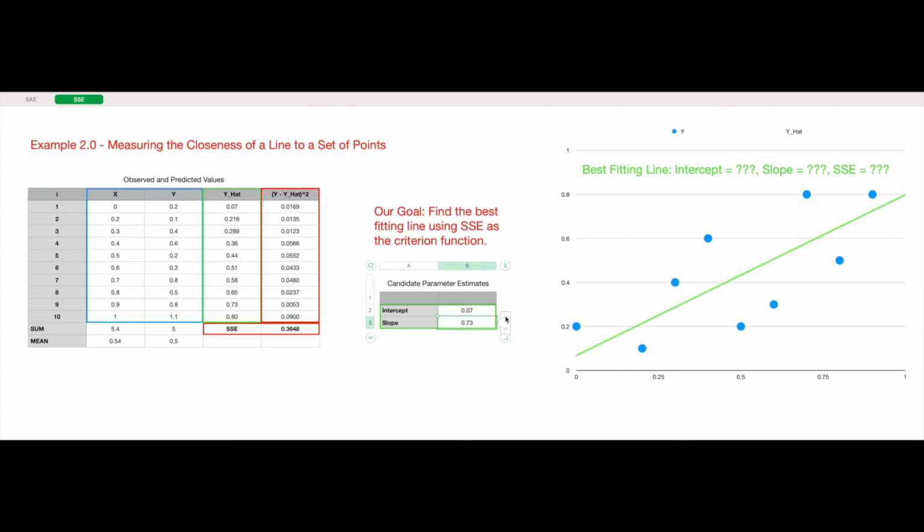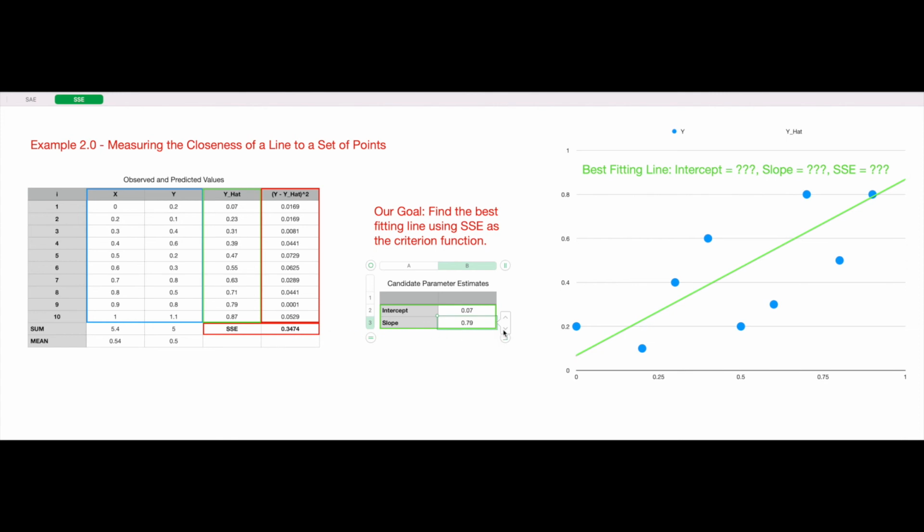Continuing to increase that slope, and if we look at the graph visually, it does look like it needs to increase a little bit. So let's keep doing it and keep our eye on the value of SSE. Okay, so when I'm at 0.8 for the slope, we have an SSE value of 0.3474.